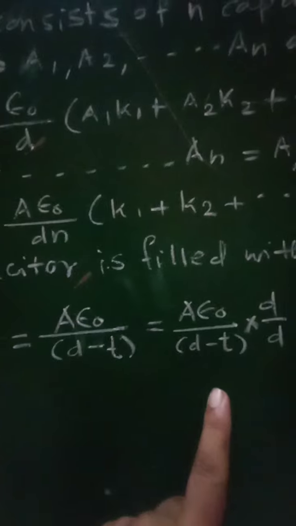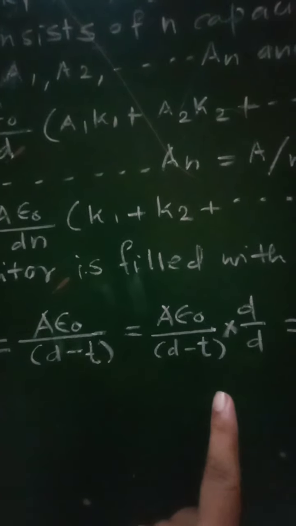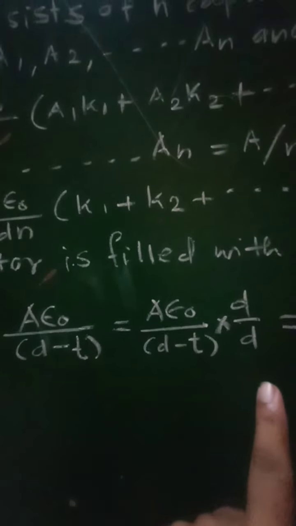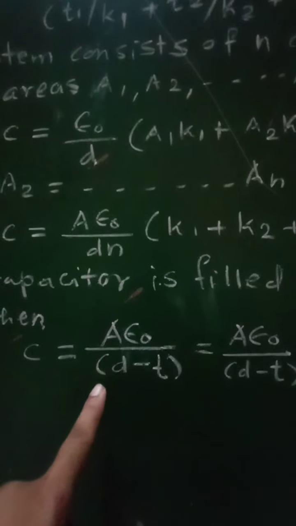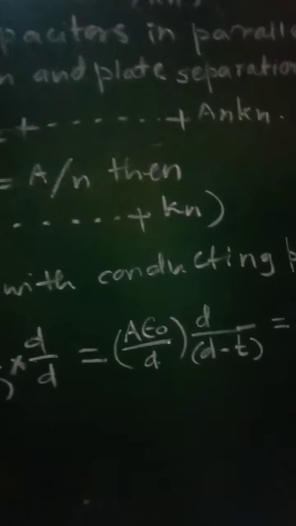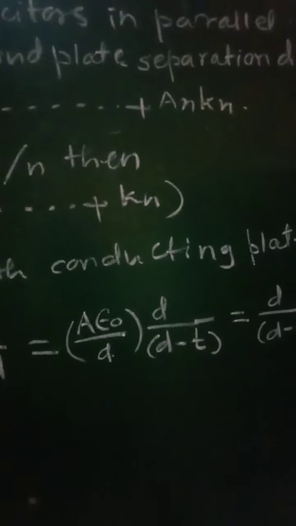Now it will be written as A epsilon 0 upon d minus t into d upon d. Here this relation is multiplied and divided by d, and therefore capacity C will be equal to A epsilon 0 upon d into d upon d minus t.